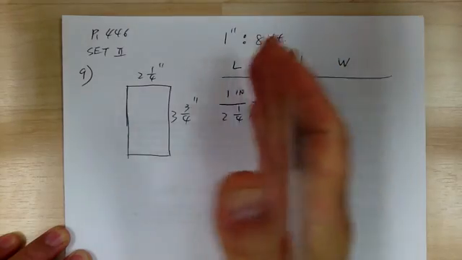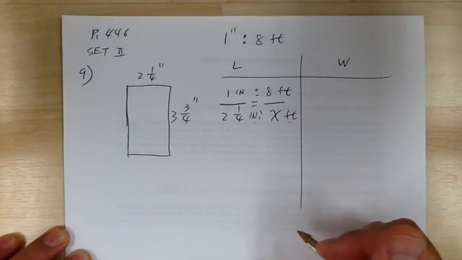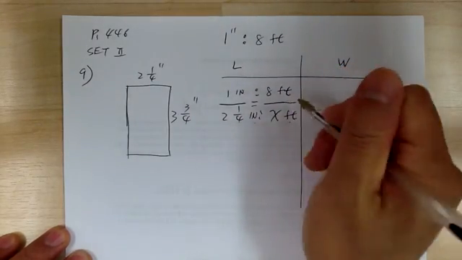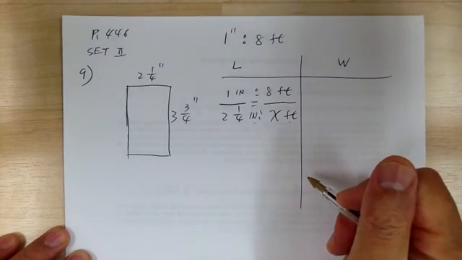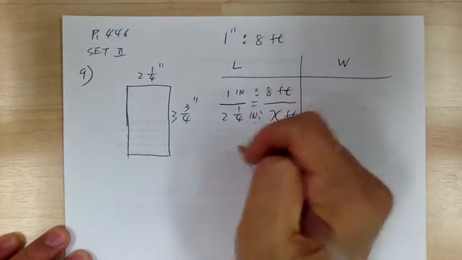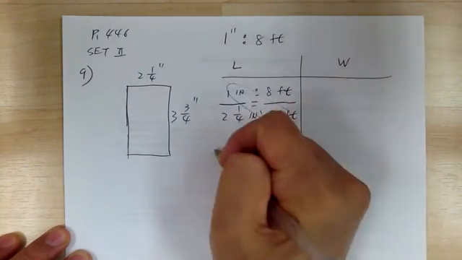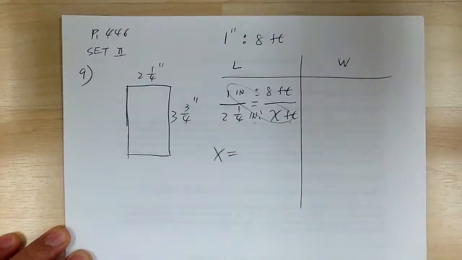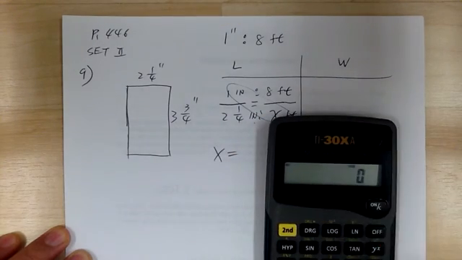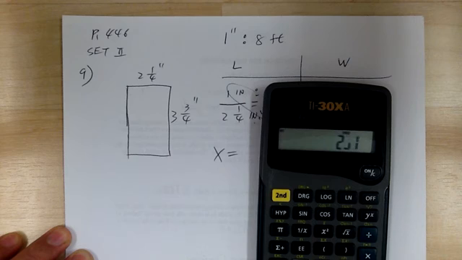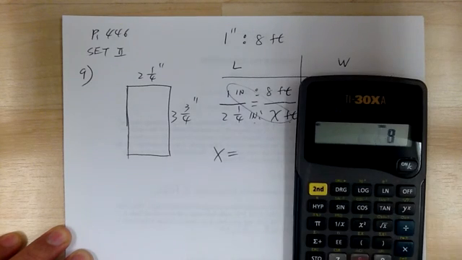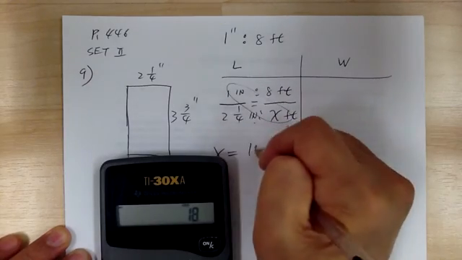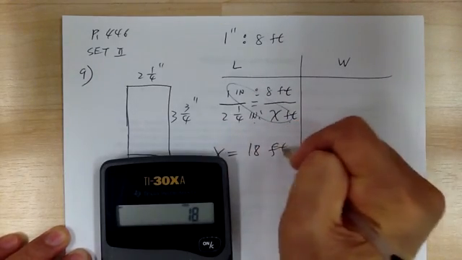Now it becomes a proportional equation. So you cross multiply, and you're going to get 1x equal to, get your calculator, 2 1/4 times 8 equals 18. So 18 feet.